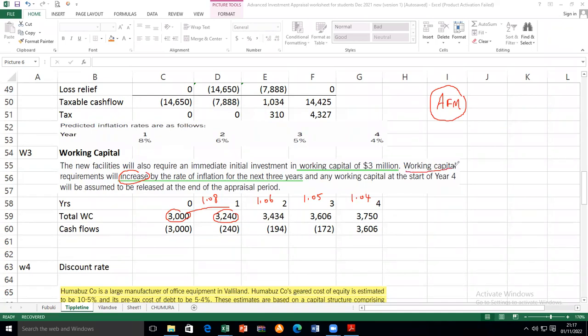Okay, so look at where I'm highlighting. Are you seeing where I'm highlighting? Yes, sir. They say the working capital will increase by the rate of inflation for the next 3 years. And it's on this basis that you're inflating like that.